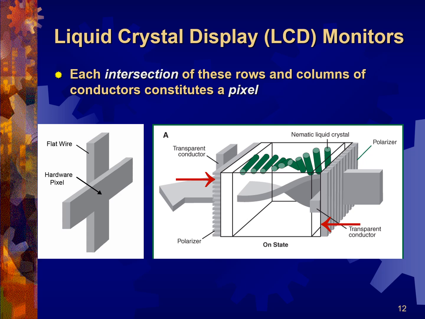Okay, so what is this little plus sign here, the hardware pixel and the flat wire? That's how you apply the polarization, okay? So you can charge the exit polarizer, and then that charge carries through the crystal to affect the orientation of the molecules. If you cut the power to that exit polarizer, then the crystal starts randomizing because it's still getting hit by light photons and entropy exists.